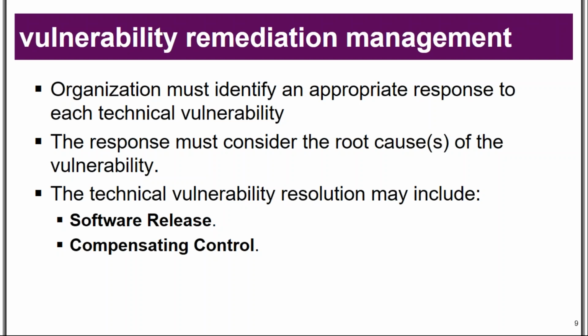That alternative control can be deployed to try to quickly prevent exploitation of the vulnerability even further. You have to triage, right? You have to stop the bleeding first and then try to figure out what you can do for a long-term fix. So in the case of the software release approach, just like software release, compensating controls can be done in an emergency situation as well.